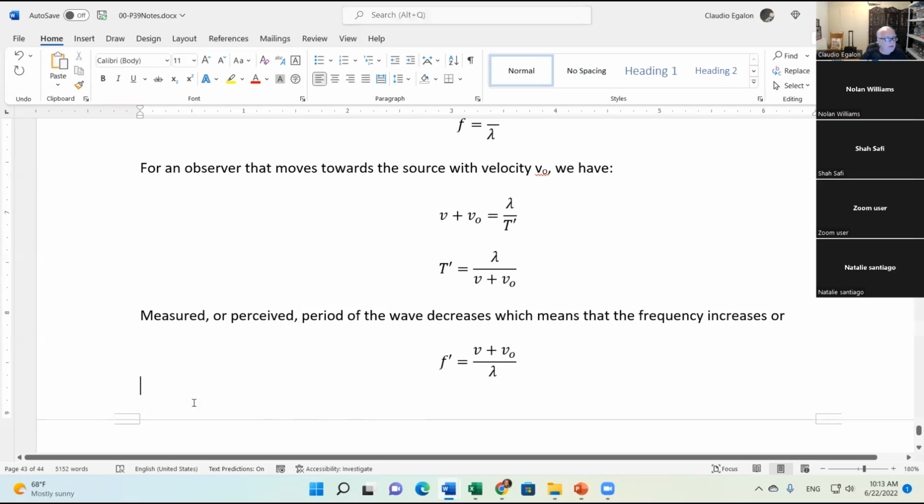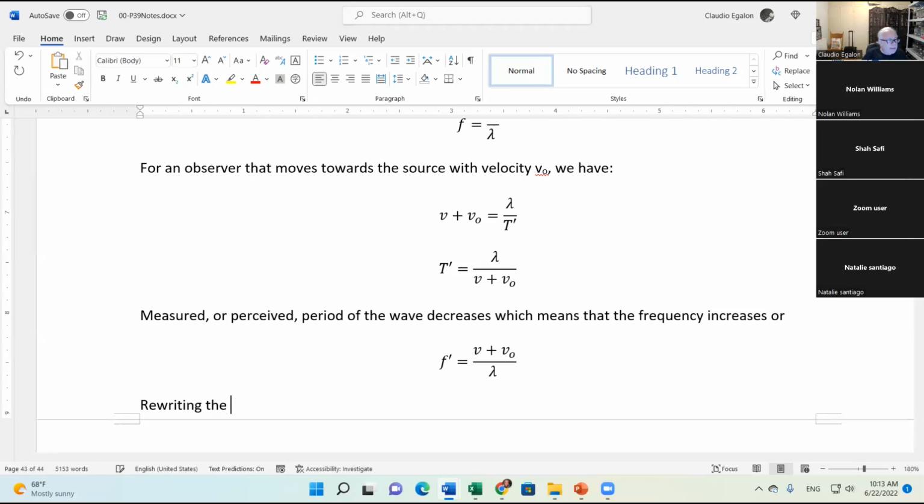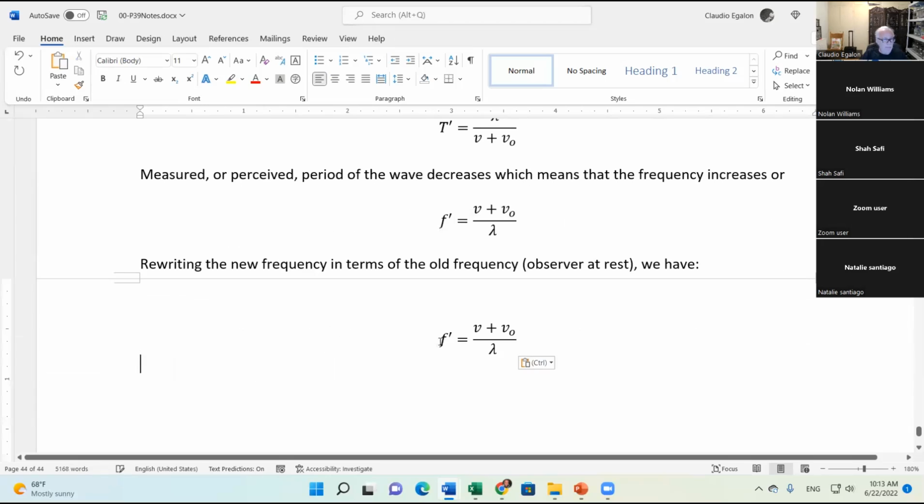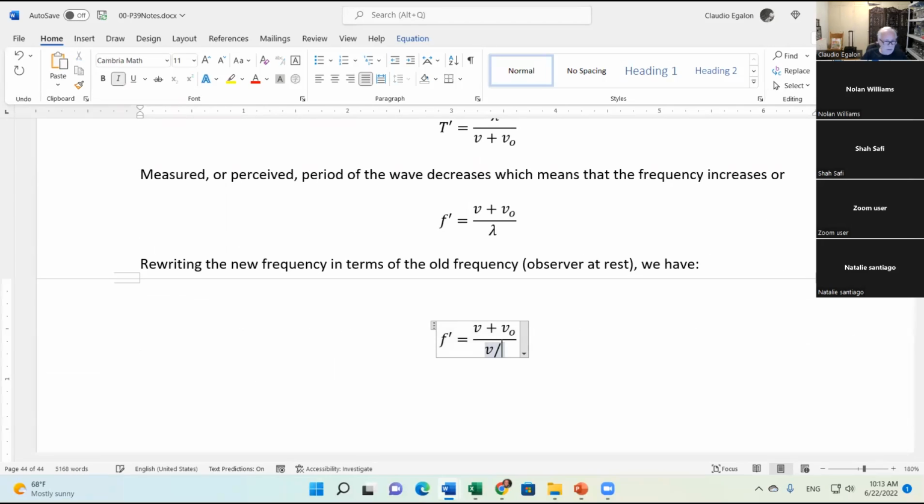So we can here write the new frequency in terms of the old frequency. What frequency f means is the observer at rest frequency. Whenever the observer is at rest, we have f equals v over lambda.